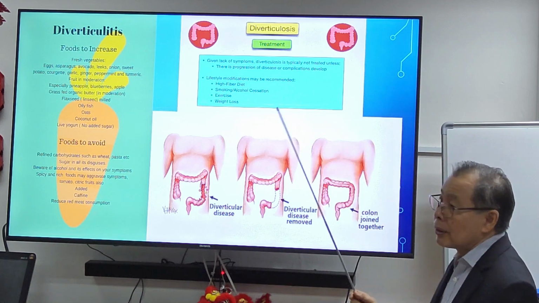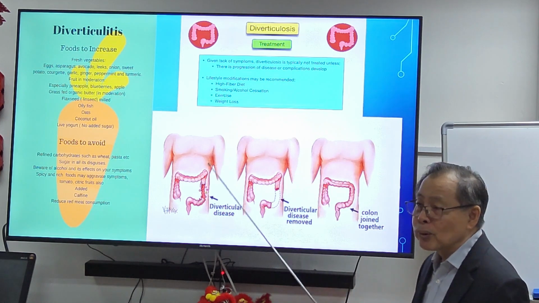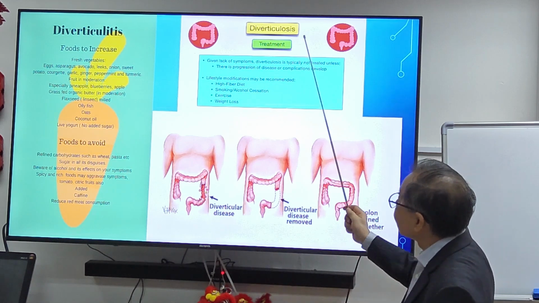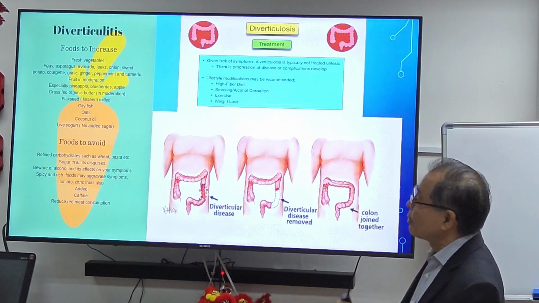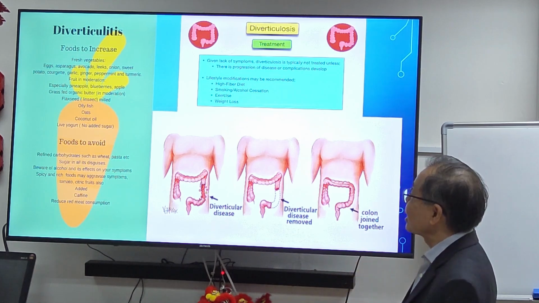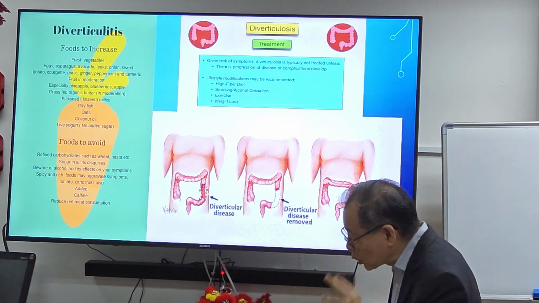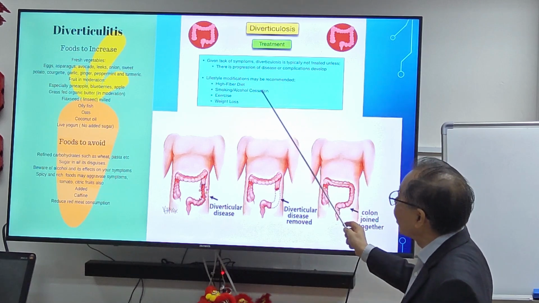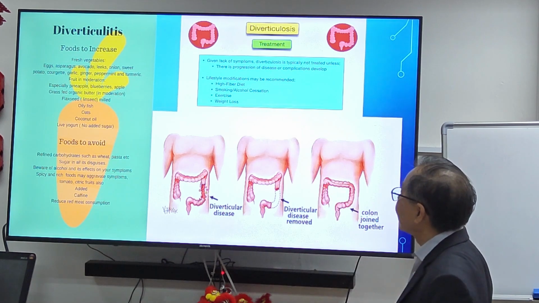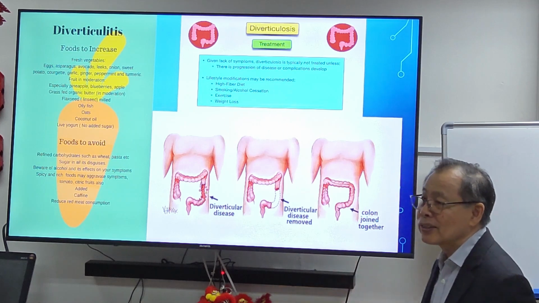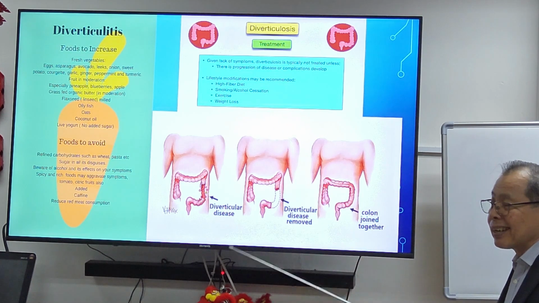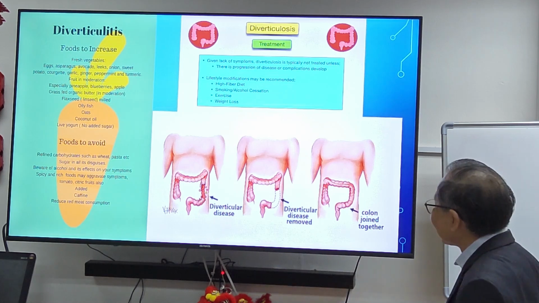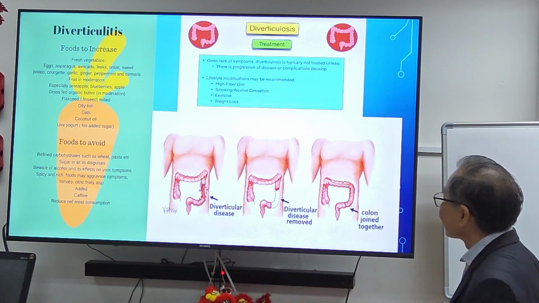So lifestyle modification is the way to go, unless you are expecting it to get worse. The lifestyle you want to adopt, if you are told that you have diverticulitis or diverticulosis, not infected yet: a high fiber diet, stop any alcohol or smoking, exercise and weight loss. A healthy lifestyle is often the best lifestyle. It prevents any illness.